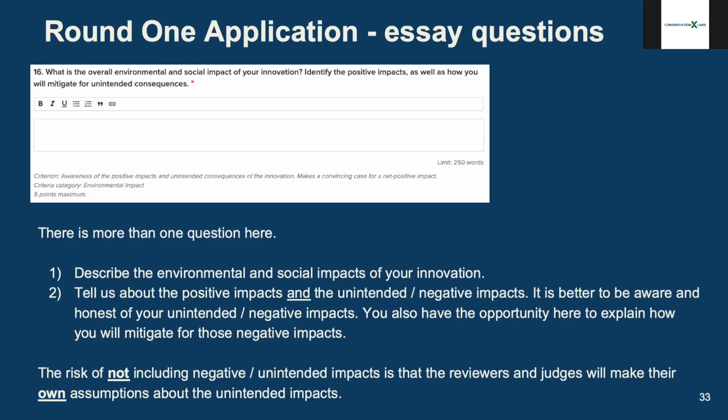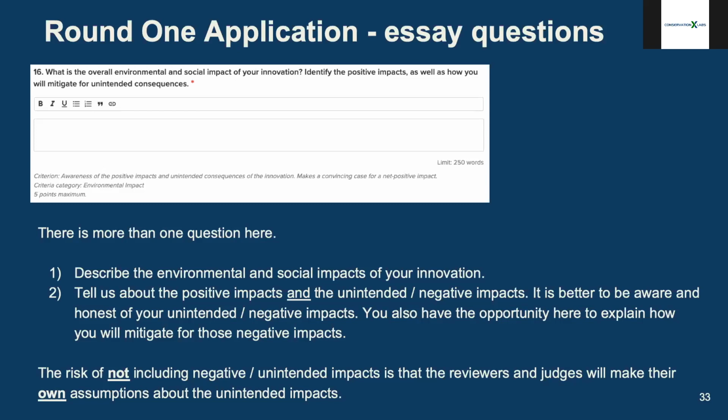The risk of responding that you have zero negative or unintended impacts is that the reviewers and judges might feel like they could make their own assumptions about what those unintended impacts are. So it's really important to be honest in this response.